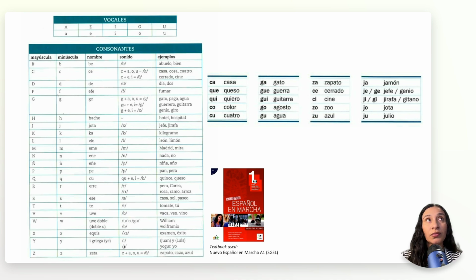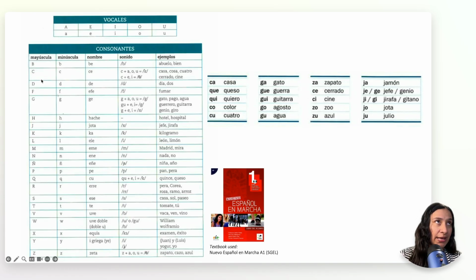So remember, the consonants are these ones we have in this part of our video. So consonantes, and remember they are very phonetic. You pronounce what you have.